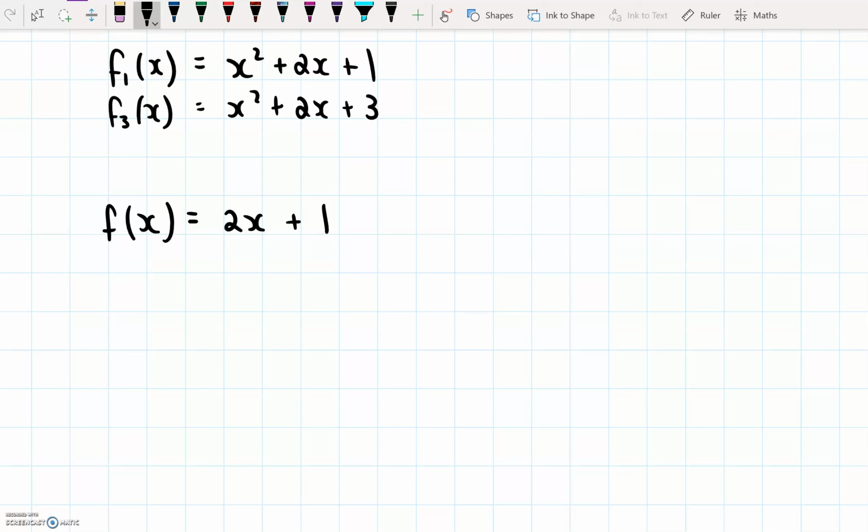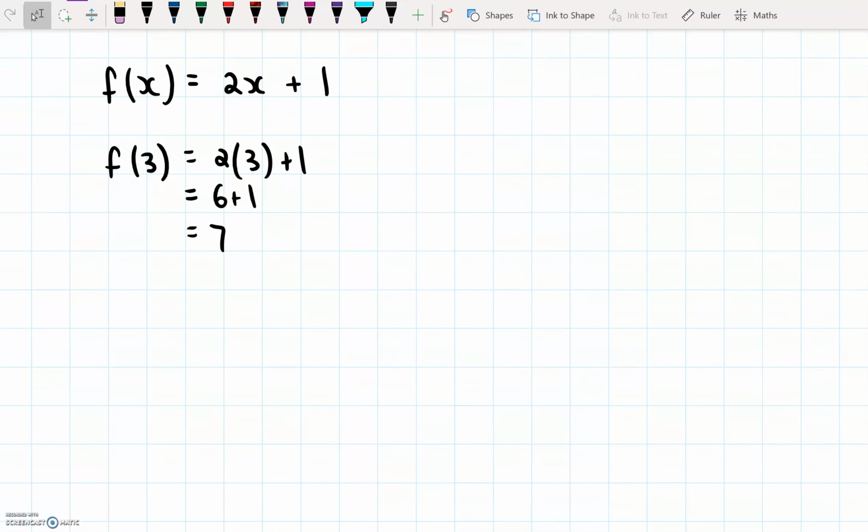Okay, so for example, if we want the f of 3, we do 2 times 3 plus 1, which equals 6 plus 1, which equals 7. Okay, now, most of the time at the moment, we're not going to just be doing this with numbers, okay? So for example, we might have the f of p, and there's that p for parameter again, okay?